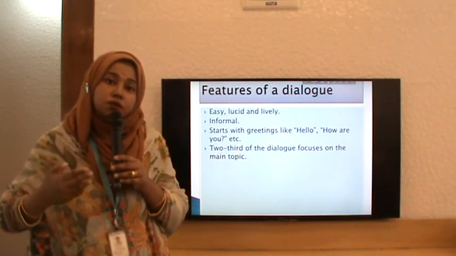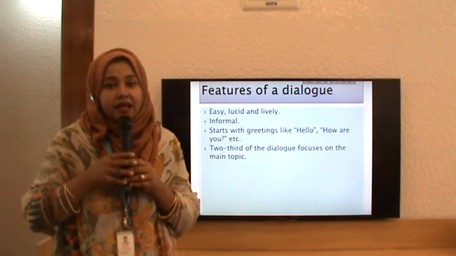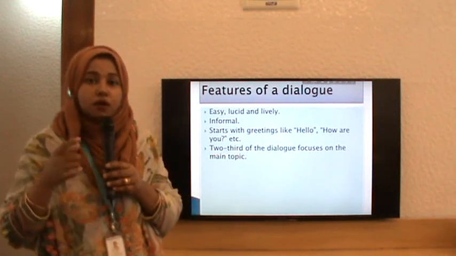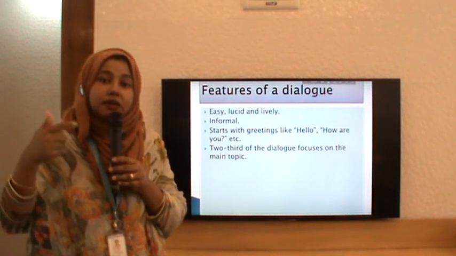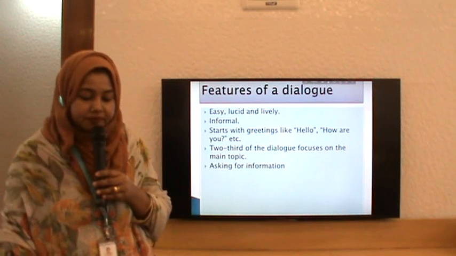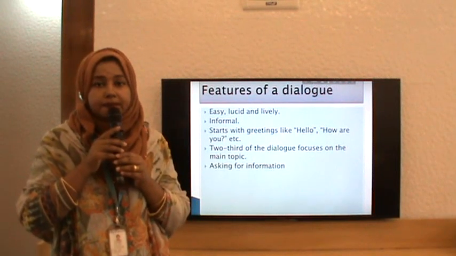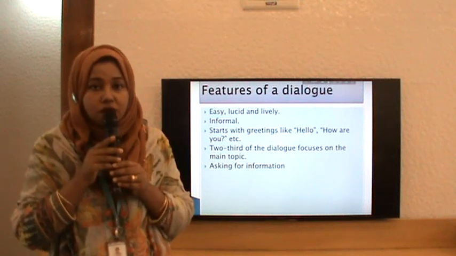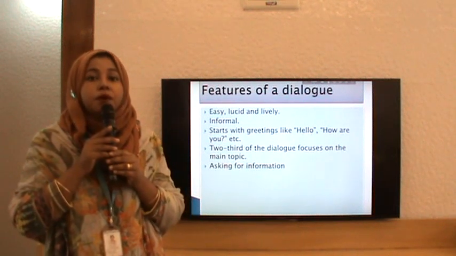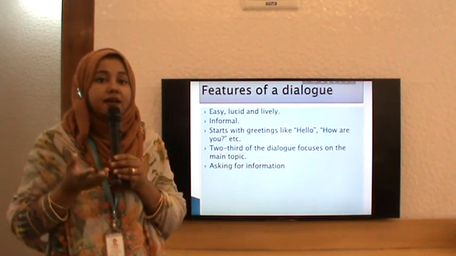Then you will continue two-thirds of the dialogue with the topic, and at last when you end the dialogue, it is also included in the one-third of writing a dialogue. Asking for information is very important. When we talk about something, if you want to know about something, if you want to give information, you have to ask.